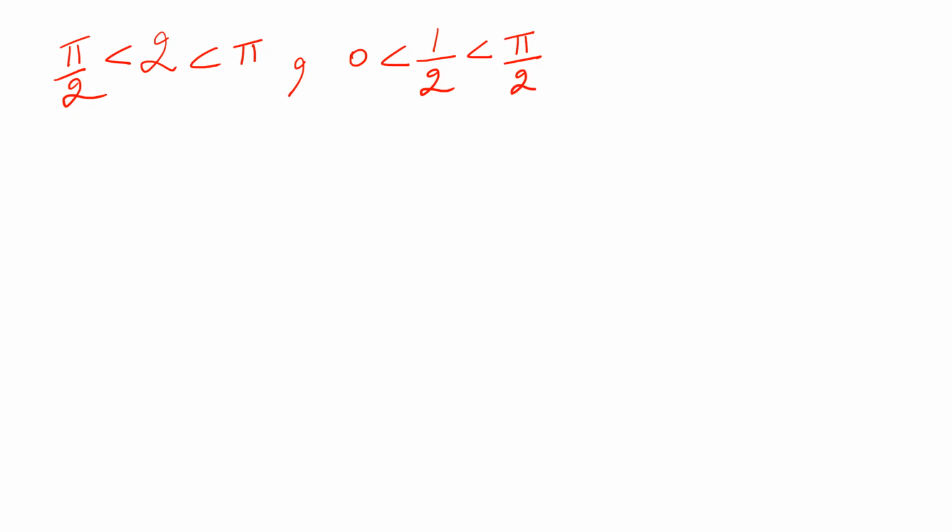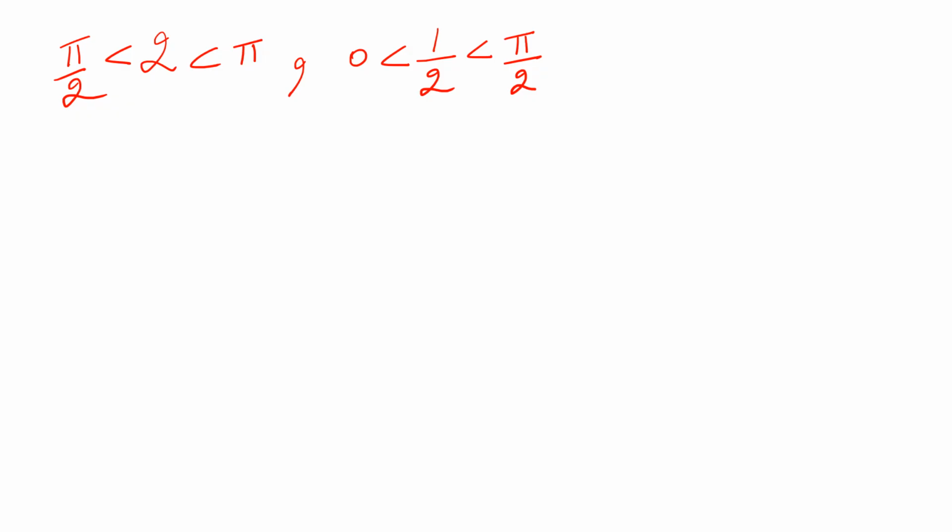Now students, we also know that secant theta is negative when theta lies in the second quadrant, and secant theta is positive when theta lies in the first quadrant. So that means mod of secant 2 is equal to minus secant 2 and mod of secant 1 upon 2 is equal to secant 1 upon 2.